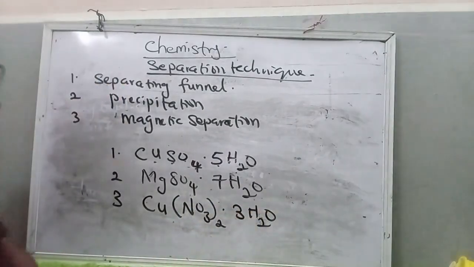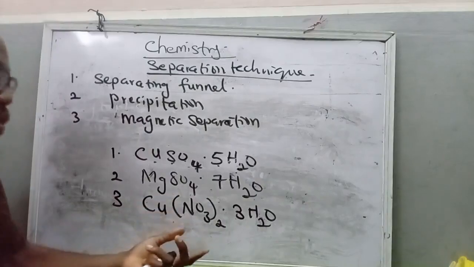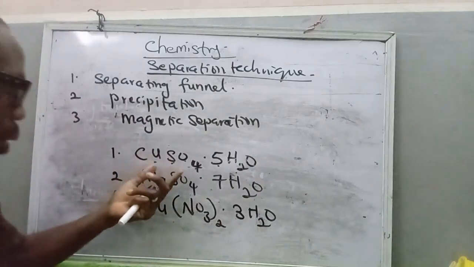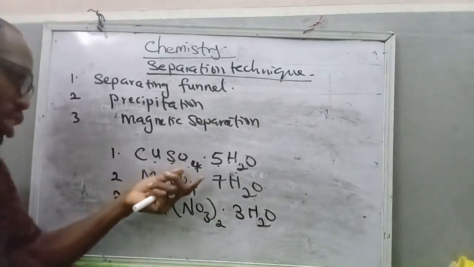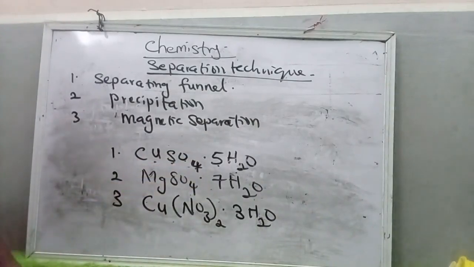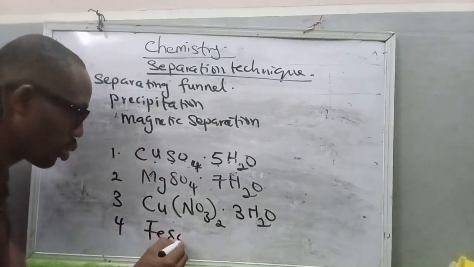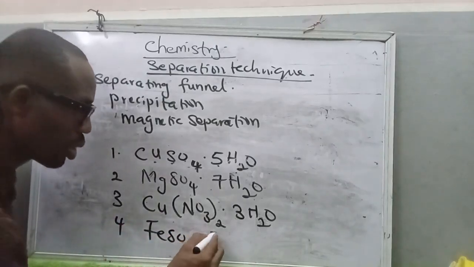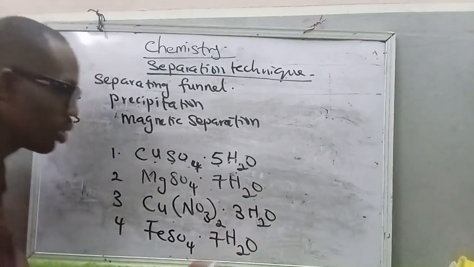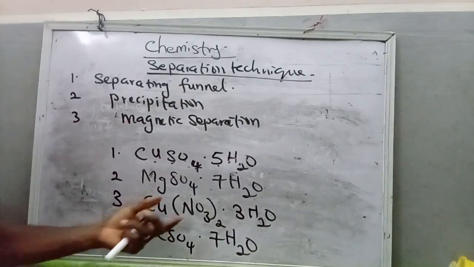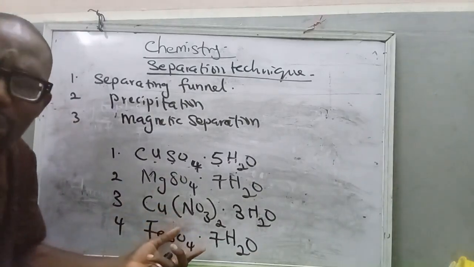These are examples of salts that contain water of crystallization. Let me just add one more, maybe iron 2 tetraoxosulfate 6 heptahydrate. So these are salts that contain water of crystallization. I hope you understand that.